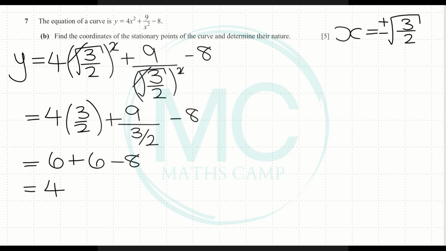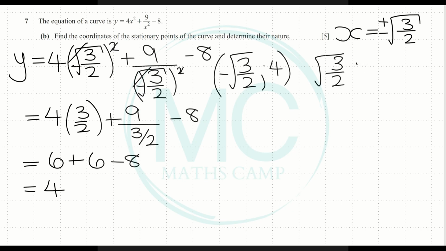If we were to substitute the negative root into our brackets and square them, the answer would still be 3 over 2, which means that 4 is the y coordinate for both of our points. So for our first point, let's do the negative root, 3 over 2 under a root with a y coordinate of 4. And our positive root, 3 over 2 under a square root with a y coordinate of 4.